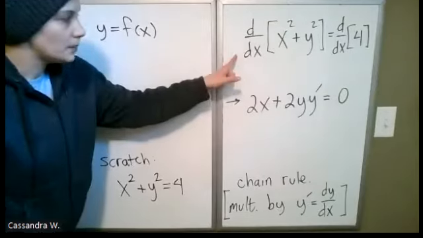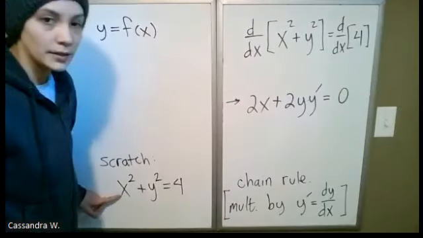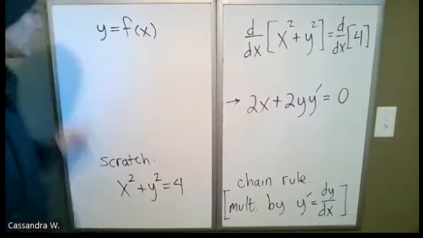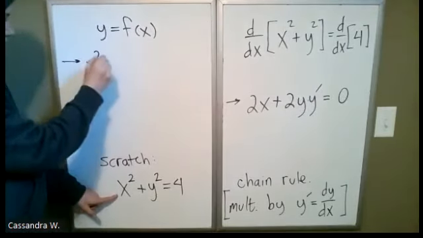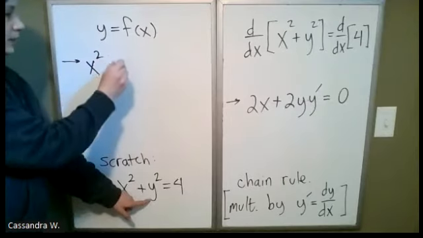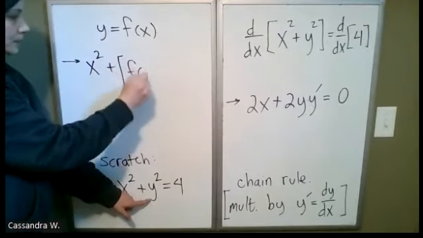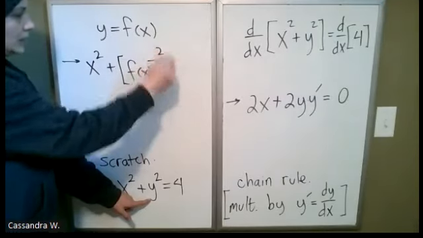So we're going to start here with this notation. We have x squared plus f of x squared, and it's equal to 4.